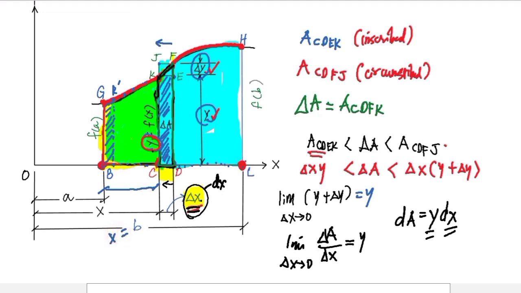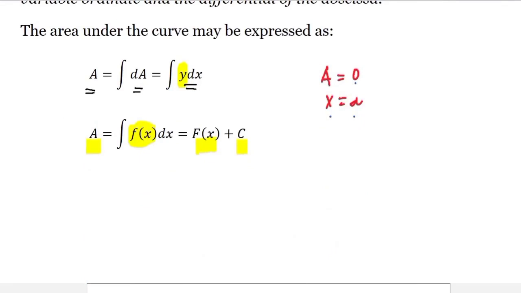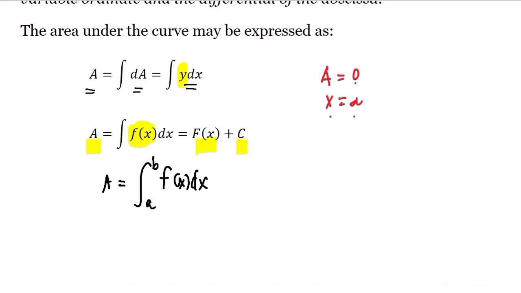So we are talking about the area from point A up to point B. We could say that these points A and B are our limits. So if we write it as a definite integral, this is equal to the integral of f of x dx from A to B. Since our integral is now definite, we can compute the area, and the answer no longer has a constant of integration.